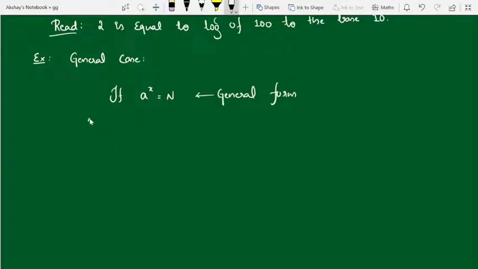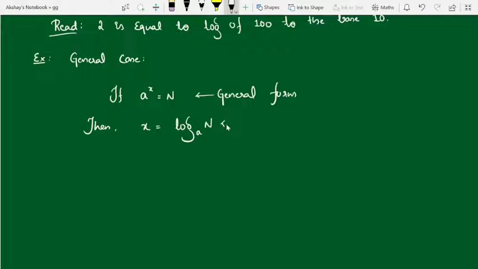So then how can I rearrange this in log format? What do I have to consider? First part, very good, x, which is nothing but the power, is equal to log of this answer. What is the number here, or what is the value we have? N. And what is remaining? A. Which format is this?